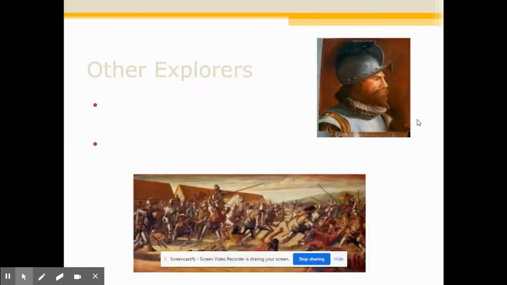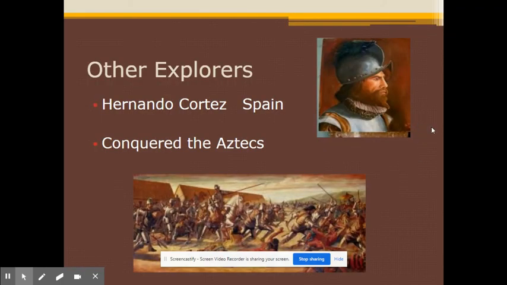A couple issues we've already dealt with in chapter 1, but they're worth repeating here. After the explorers came the soldiers. Europe liked what they saw. They wanted not only to be able to visit, but they wanted to conquer America for themselves.